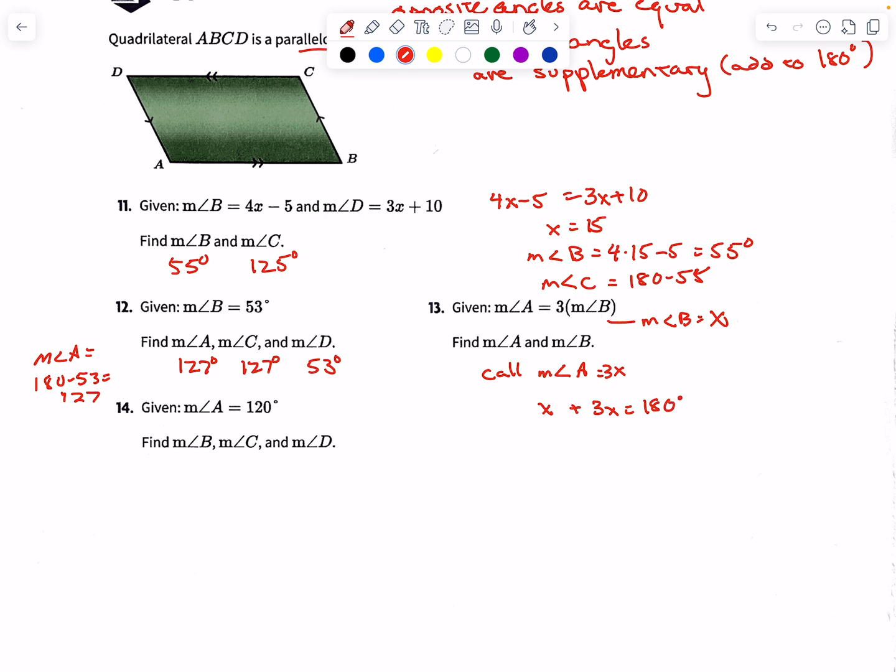A is 3 times as big. Label the small one. That way you can avoid fractions.